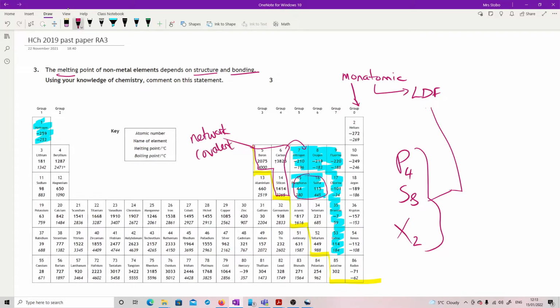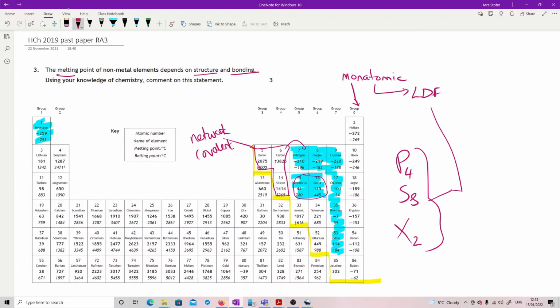And what we're looking for in that recognition is that for it to melt, you're having to break internal covalent bonds, which are super strong, and you have to break all of them because they're all connected for you to get to the point where it can freely move around. So that's why they are so high.